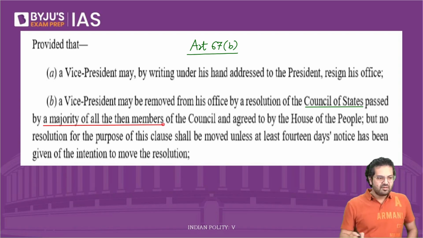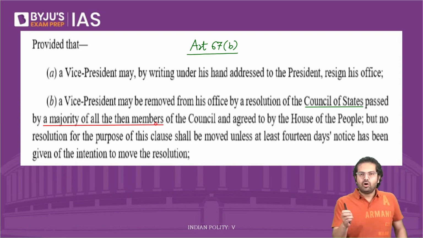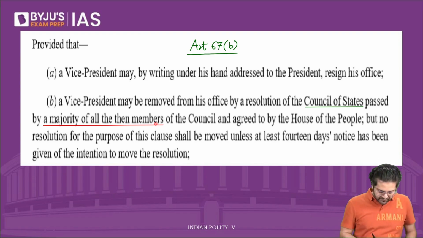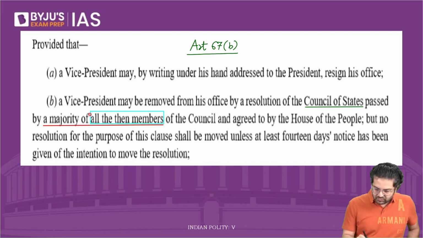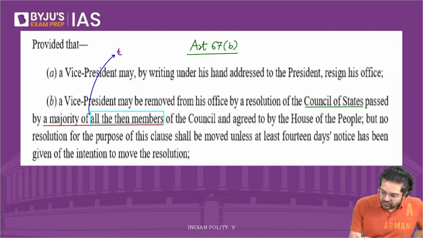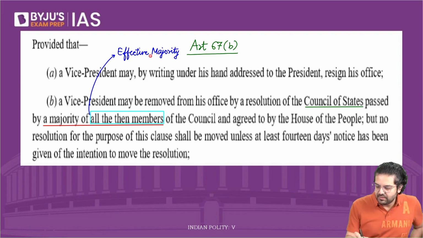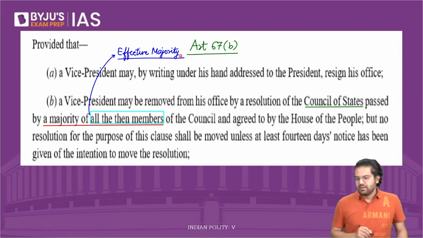Can you see this? Majority of all the then members. So this phrase that you see here, all the then members, this is the reference to effective majority. Okay, this is what is called effective majority.